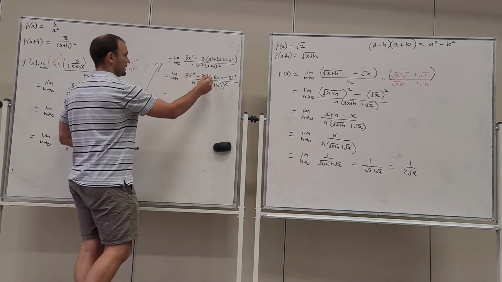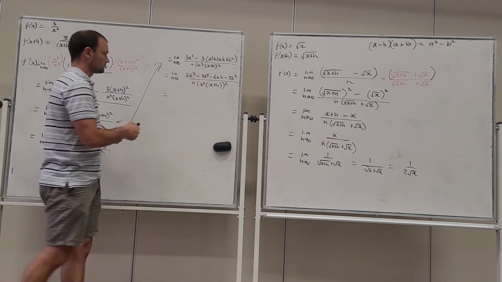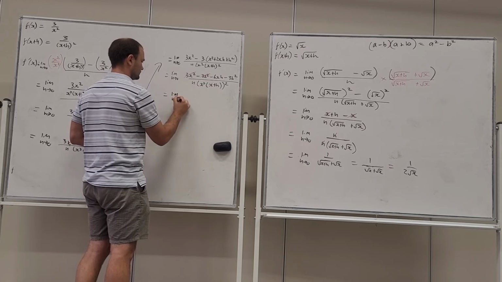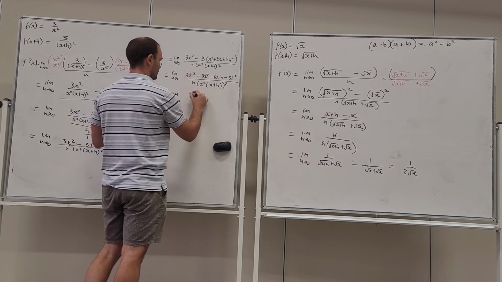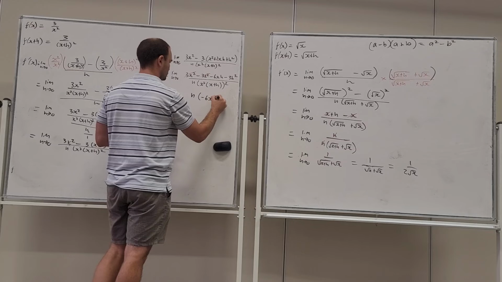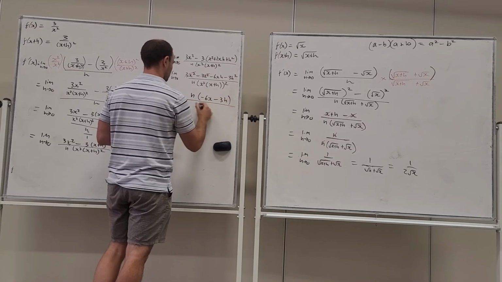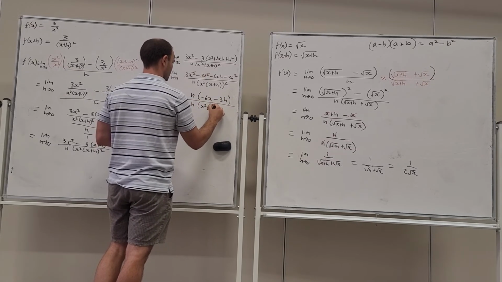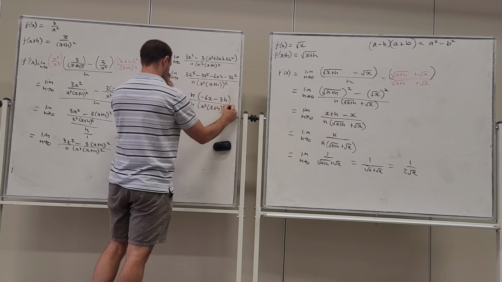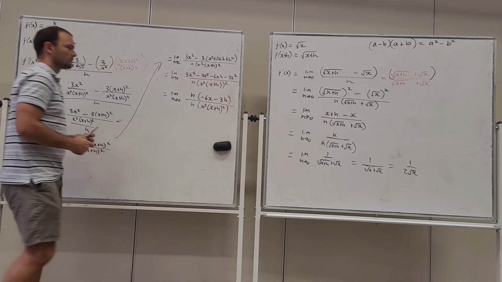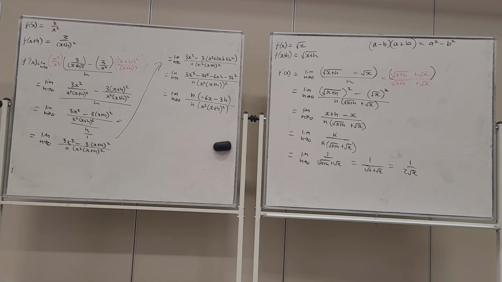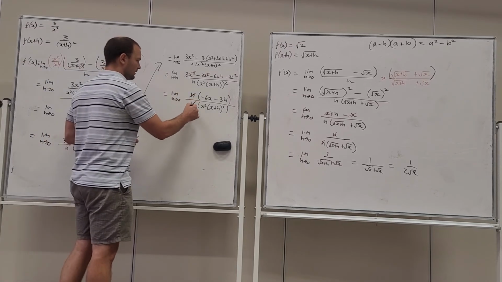Three x squared will cancel. We will factorise h and cancel it.